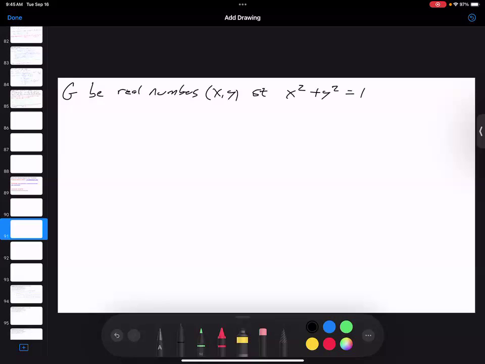Is G a group? Can you answer this question? Is it a reasonable question? Do you have enough information to answer whether this is a group?